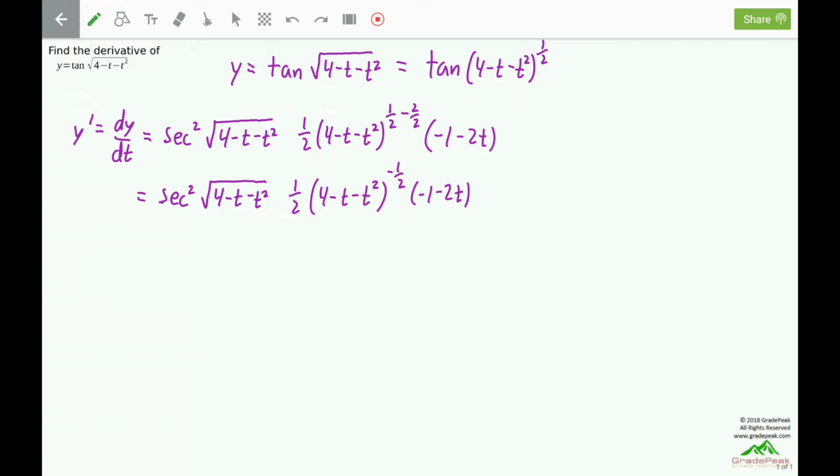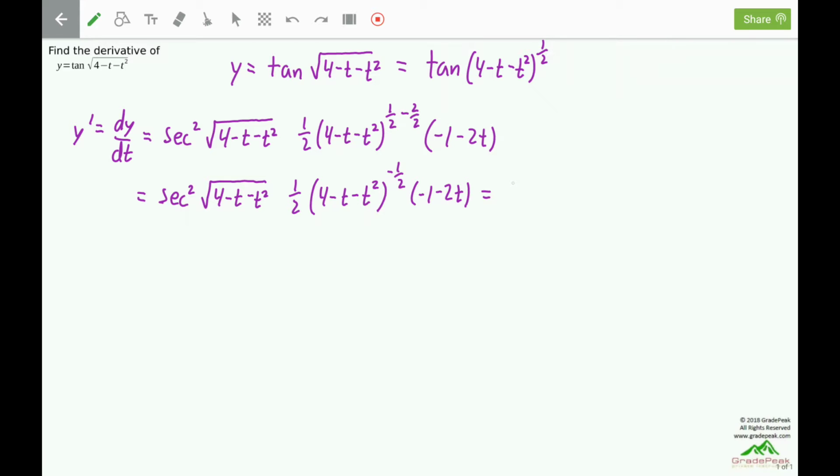The negative 1/2 power means it can move to the denominator, which will put it down with the 2. There's a 2 in the denominator with that 1/2. But only that quantity will move to the denominator with the 2. So let's move it to the denominator. We can call it a positive 1/2 power then. In the numerator, I have a secant squared of the square root of 4 minus t squared, and I also have a negative 1 minus 2t.